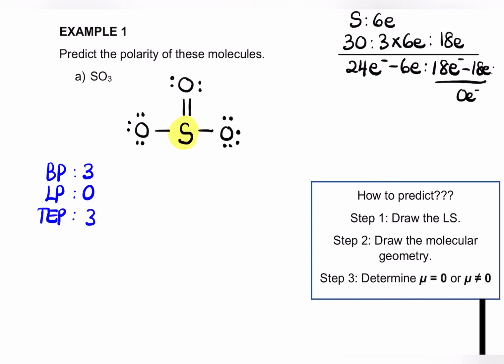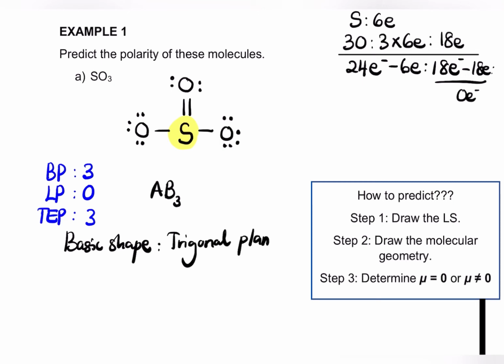So from here, your general formula is going to be AB3 and your basic shape is trigonal planar for AB3. And because there is no lone pair on the central atom, the molecular shape or molecular geometry remains trigonal planar.